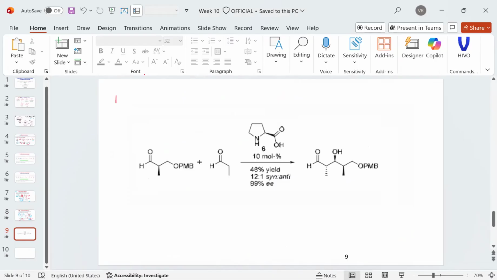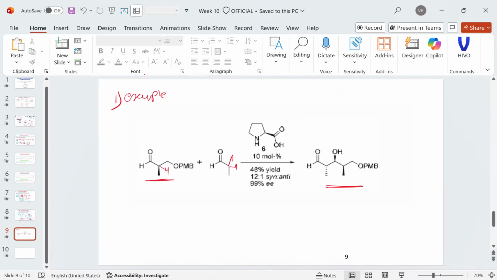This is the target molecule, and this is the starting material. So which reaction is this one? This one is the aldol condensation reaction. We have the alpha protons to this carbonyl group.